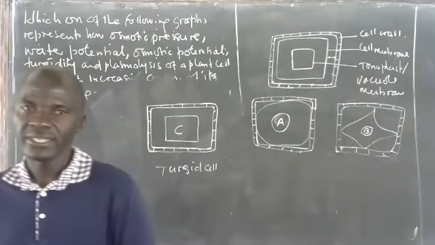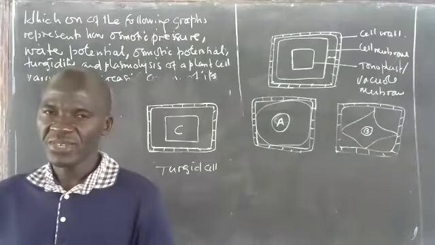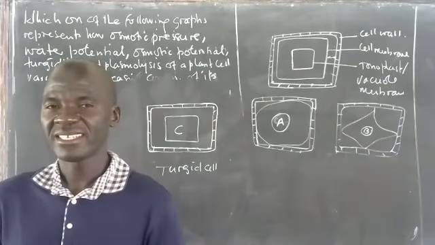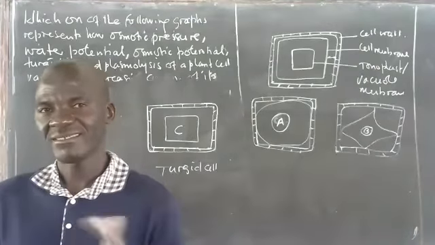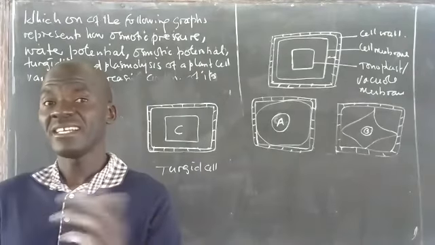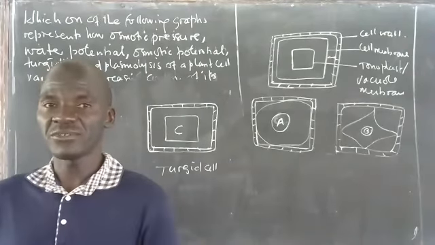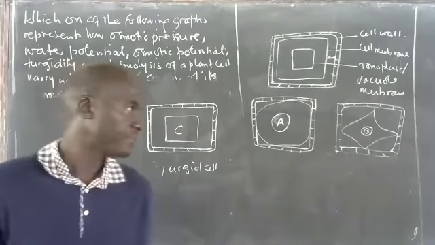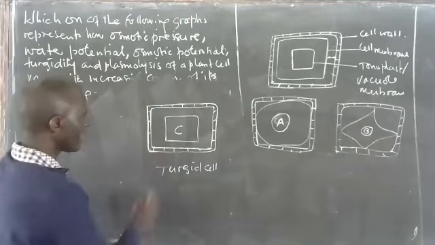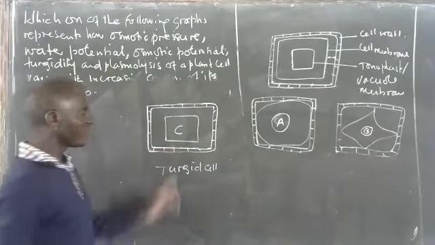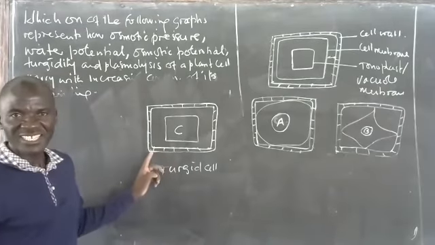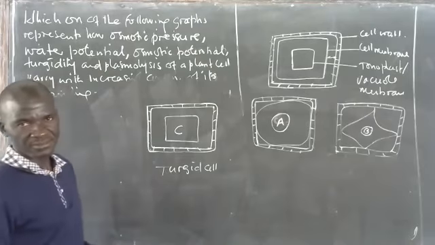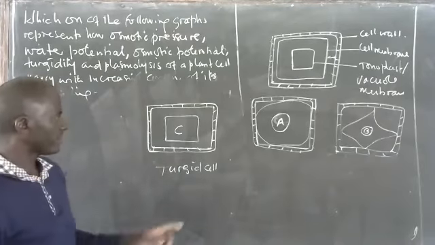When I use the light microscope with low resolution power, it can't give me the contrast, the difference between the two. It sees the wall and the membrane as one layer. So if I ask you which solution this one is coming from, I'll say this one was placed in dilute solution because it has absorbed water.